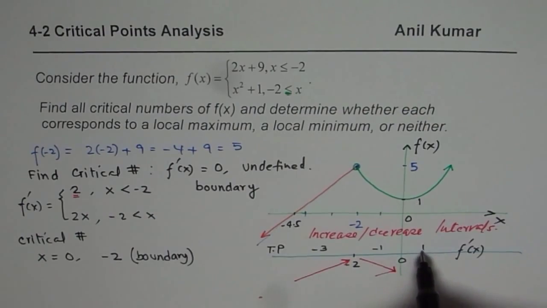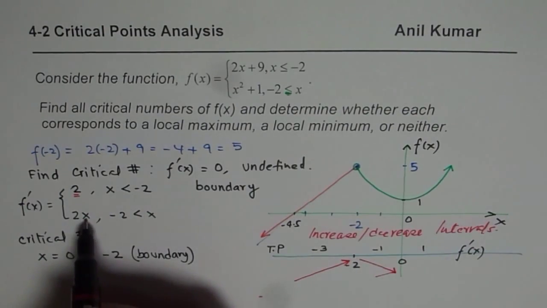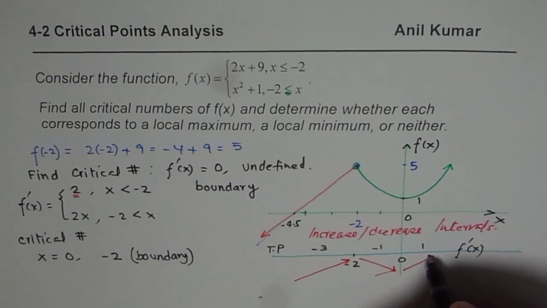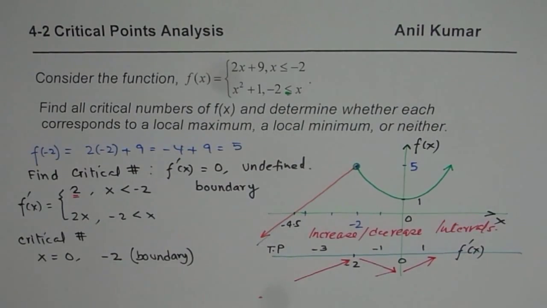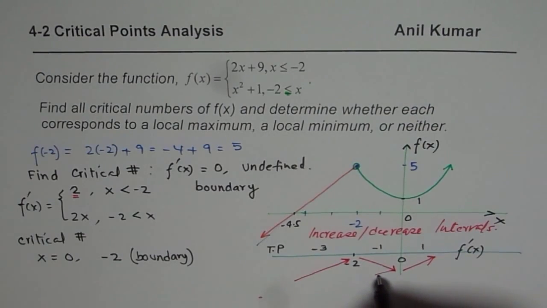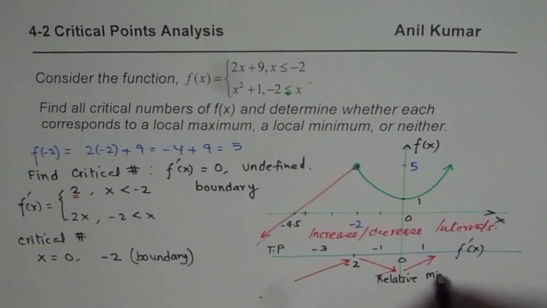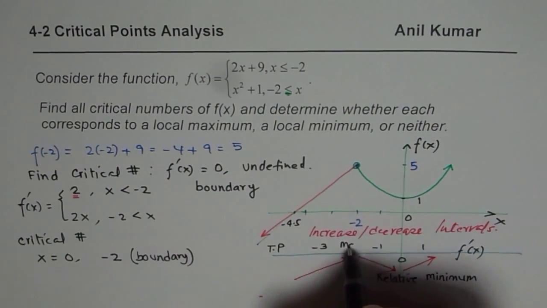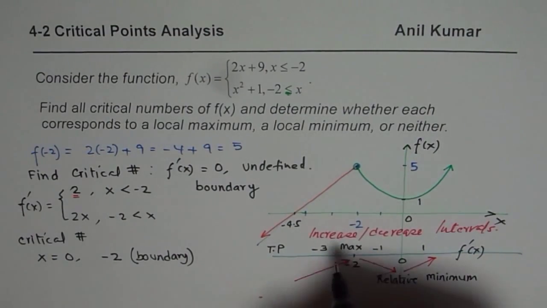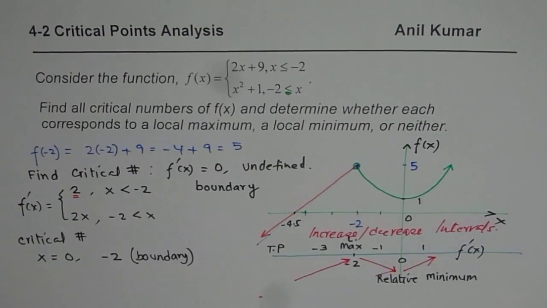And if I write a positive value, I get 2 times the positive value, which is positive, so it is increasing. From this analysis, it is very clear that I have a local or relative minimum, and this is my local or relative maximum.